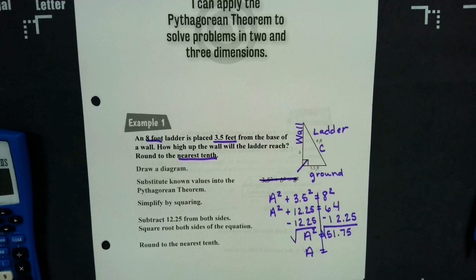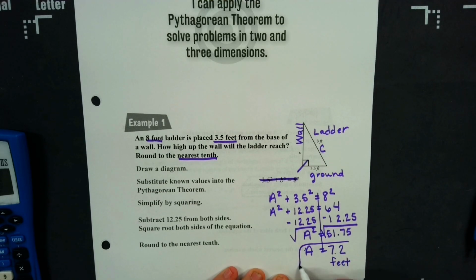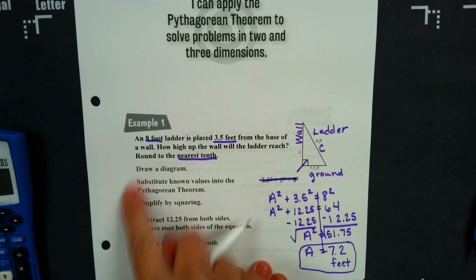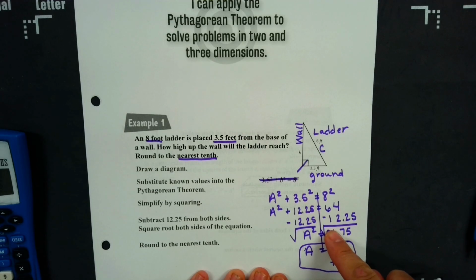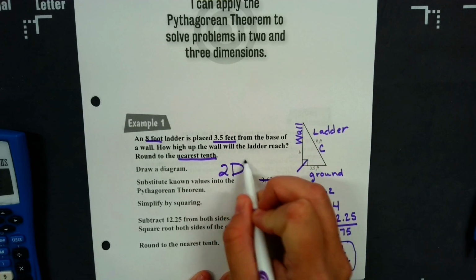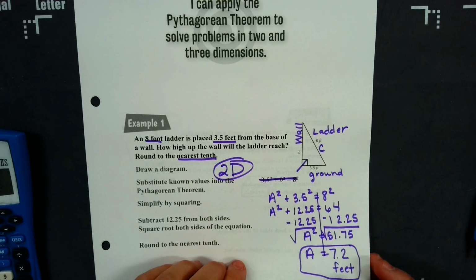What did you guys get for the square root of 51.75? 7.2. 7.2 feet. Not forgetting my label because it matters. What kind of problem was this? 2D or 3D? 2D. I was still working with a squared plus b squared equals c squared.